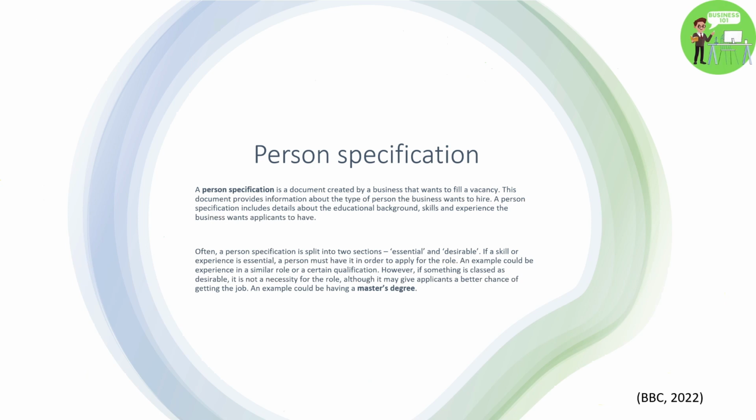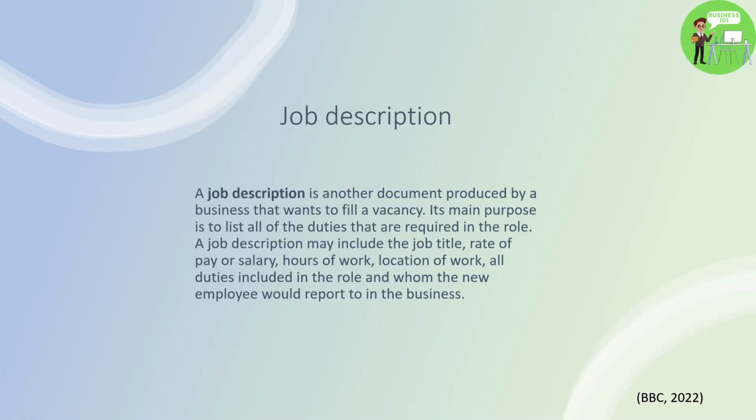However, if something is classed as desirable, it is not necessarily a necessity for the role, although it may give applicants a better chance of getting the job. An example could be having a master's degree when all you really need is, let's say, an undergrad degree. Job description.